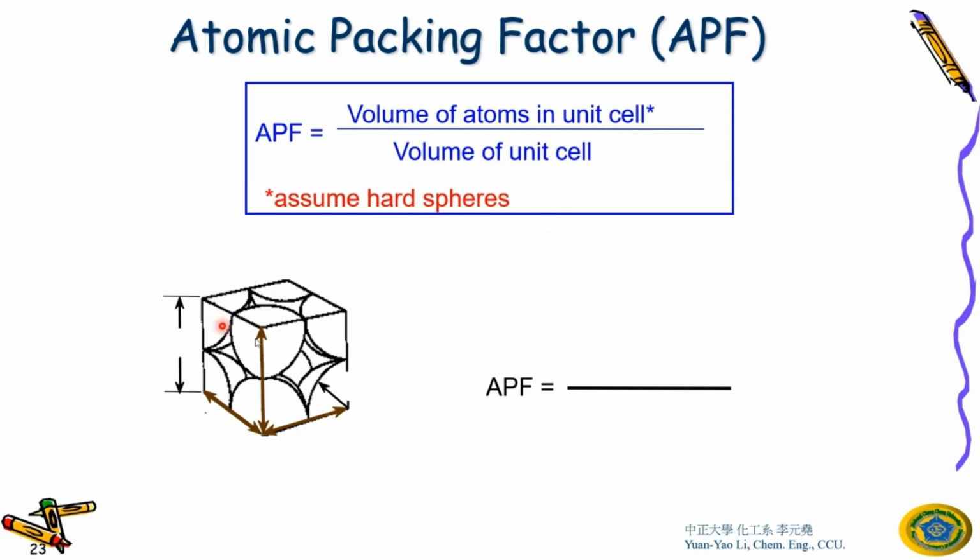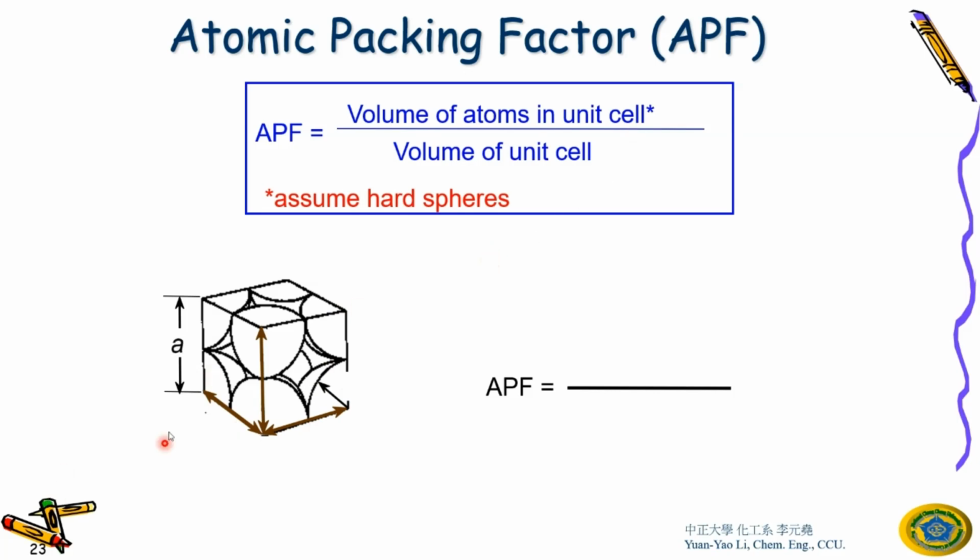This is a simple cubic structure, right? So the important thing is you need to know the edge length of this cube, and also the radius of this sphere.